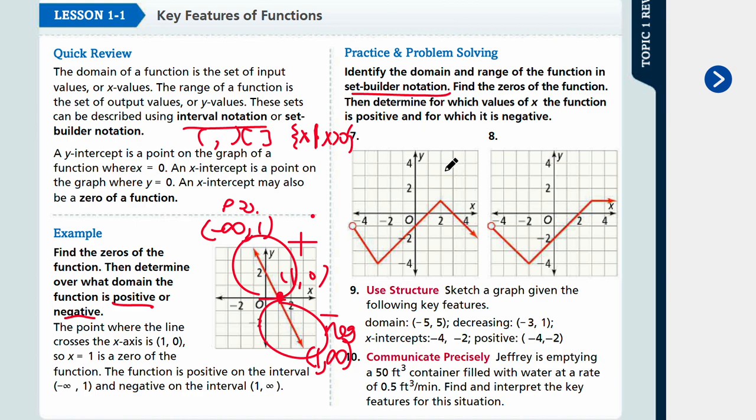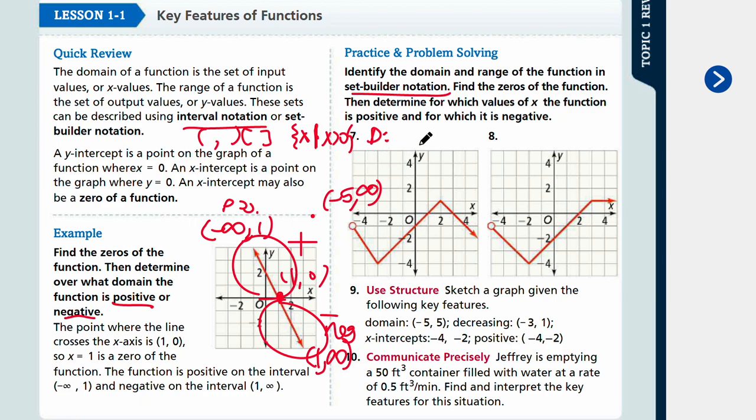So using interval notation, your domain would be -5. So the domain is from -5, and then it keeps going on, until positive infinity.